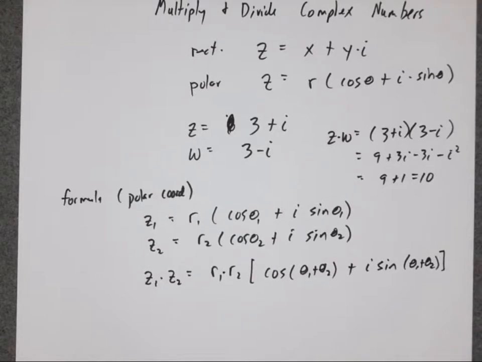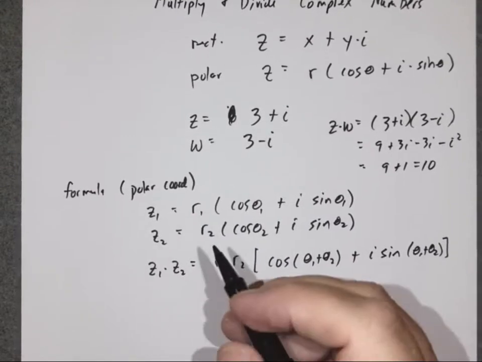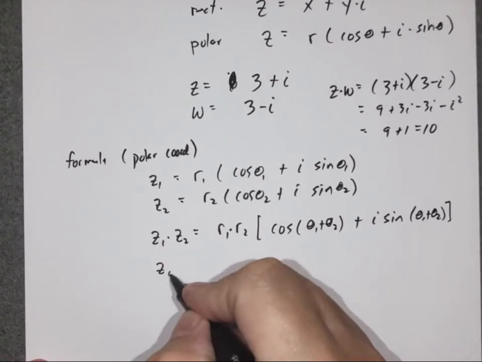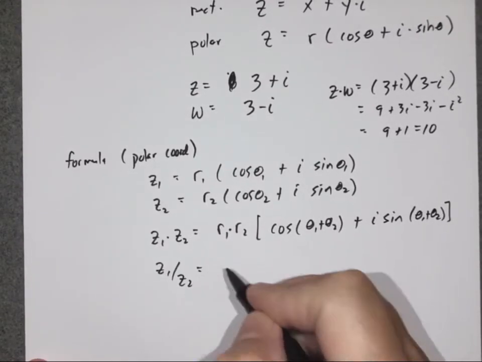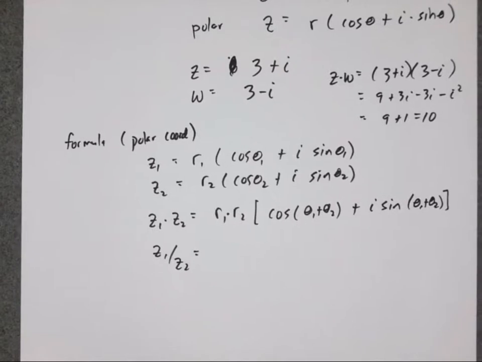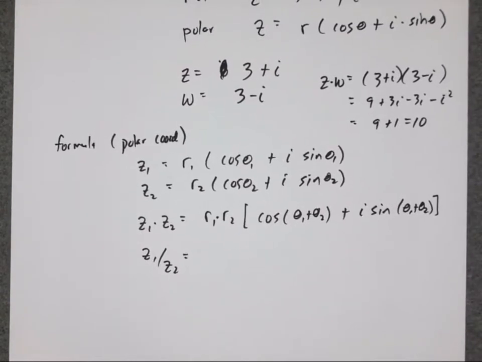So if you're given two complex numbers written in polar coordinate form, it's actually pretty easy to multiply them together. And then in a minute we'll also do division.